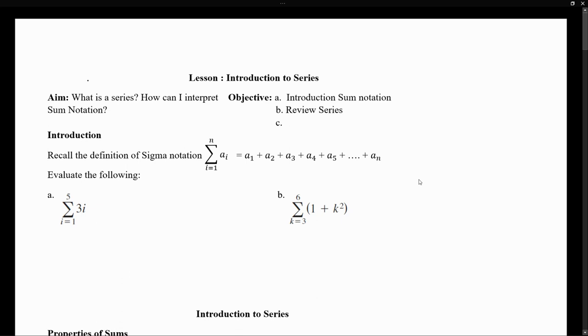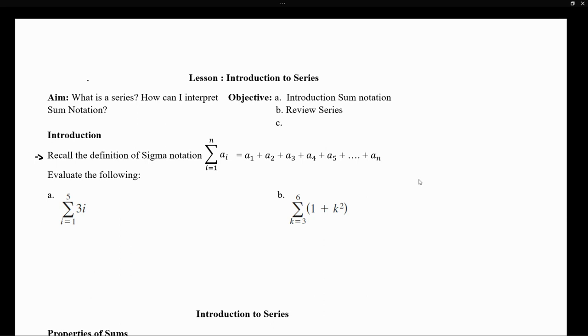In this lesson, we will introduce the idea of a series. So let's start by remembering a notation that we have used in the past, which we refer to as sigma notation. What the sigma notation means is that we're going to be adding certain values or expressions up to a certain point.